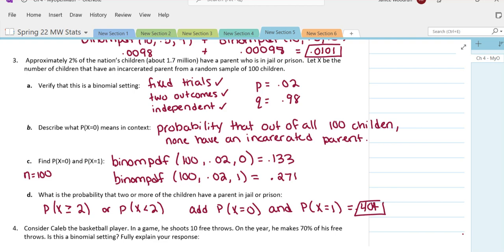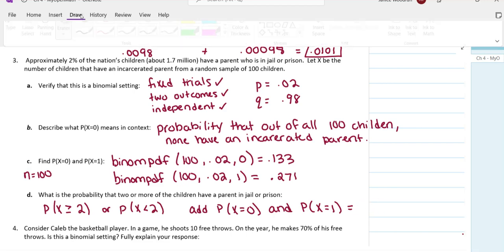Oh, wait a second. What is the probability that 2 or more? That's the probability that fewer than 2. Sorry, we're not done yet. Where's my eraser? All right, this is still 0.404.